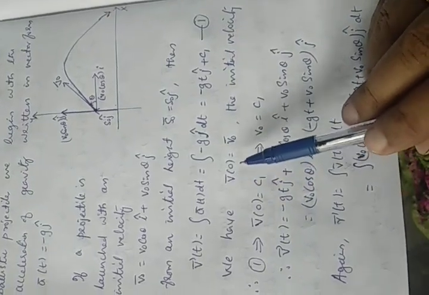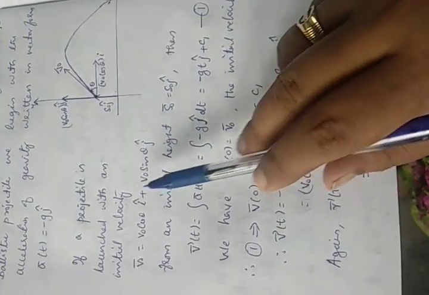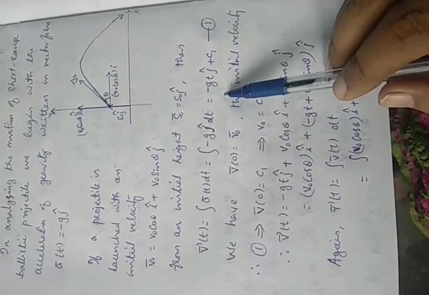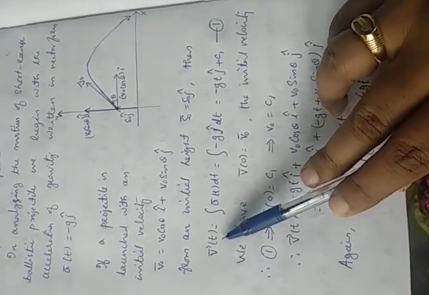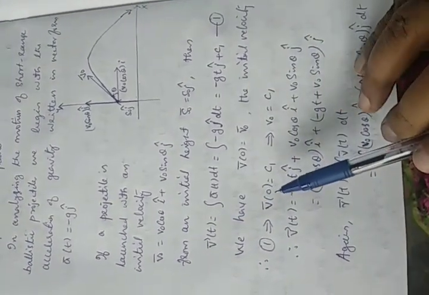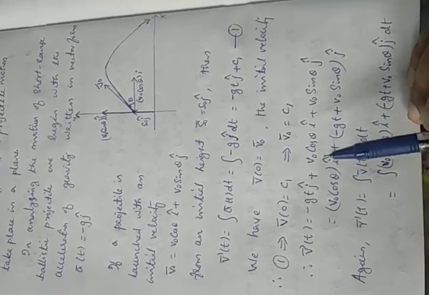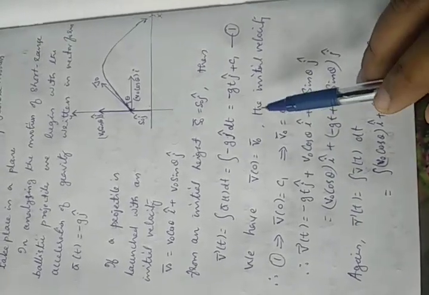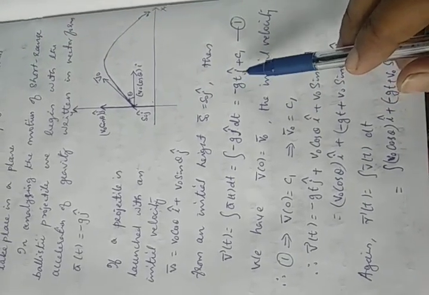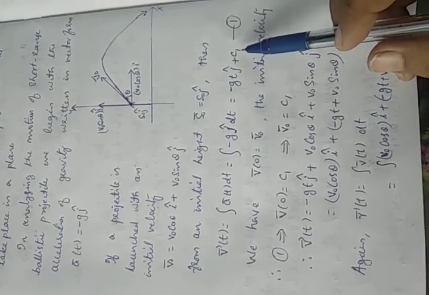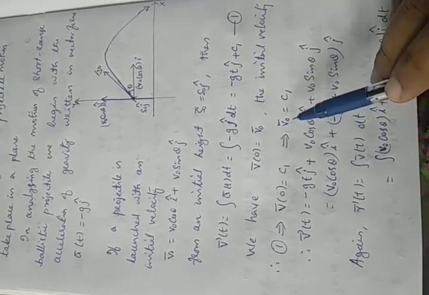So we apply this condition, v of 0 is equal to v naught bar, in this equation. The LHS is v of 0, which is v naught bar, and what is the RHS? The RHS becomes 0j plus c1. So we have c1 is equal to v naught bar.